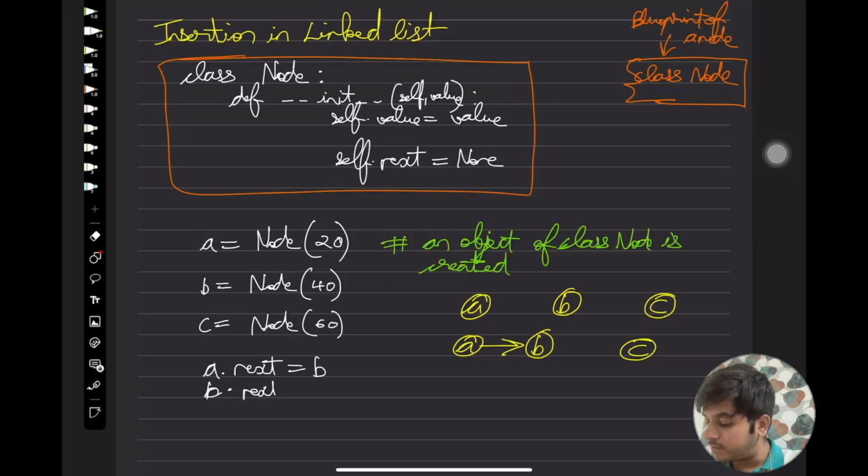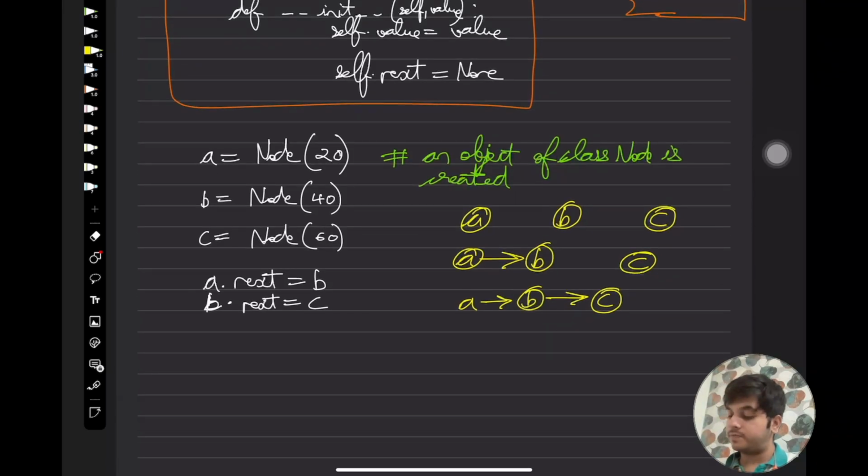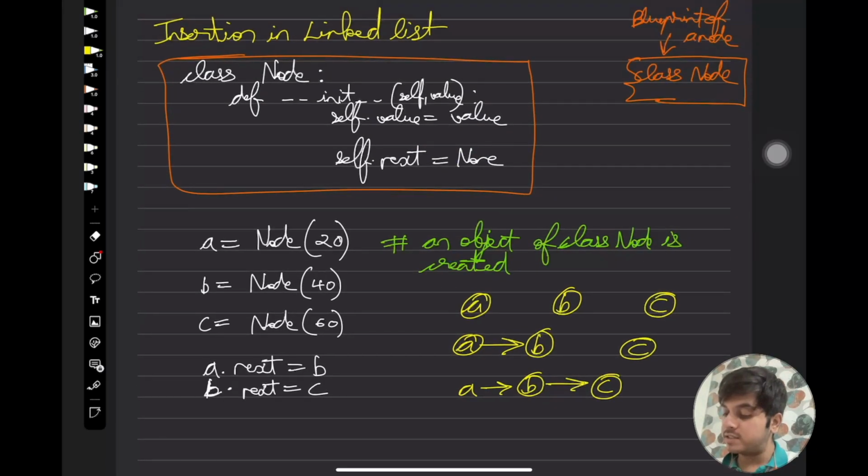Now I'll do b.next is equal to c. So this was already there, and then I combined it with c. This is how you create a linked list: you create nodes and objects of a linked list.